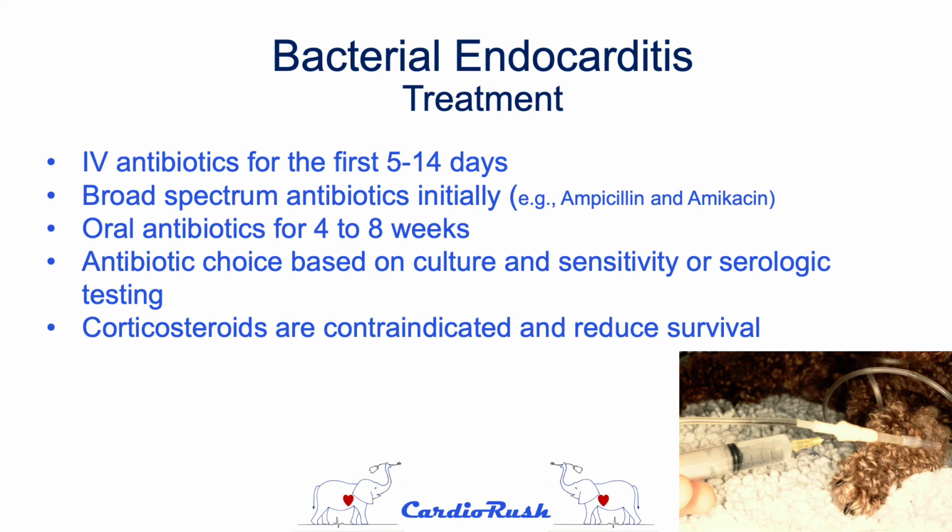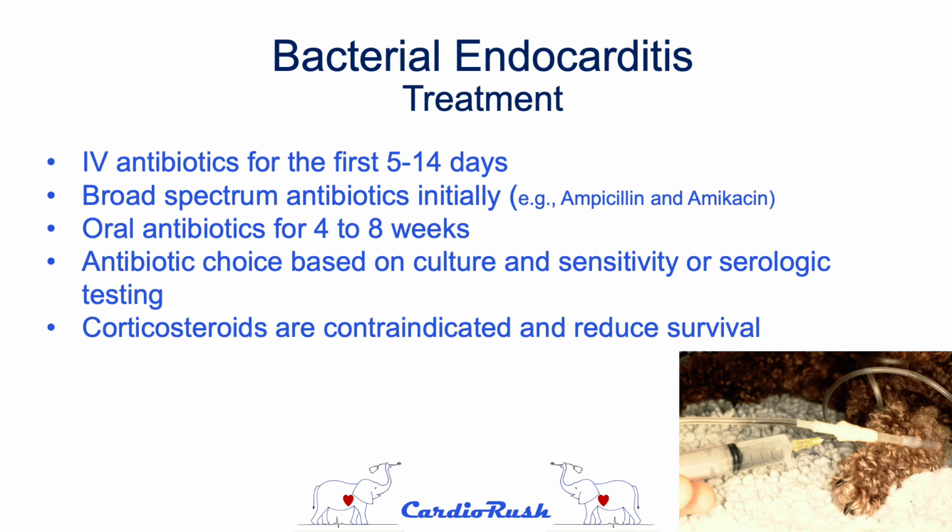The antibiotic choice is best directed on the basis of culture and sensitivity or other testing. And usually we'll start with broad spectrum antibiotics, usually a combination of ampicillin with amikacin or imipenem or meropenem. And ideally we would give intravenous antibiotics for the first 3 to 14 days when possible.